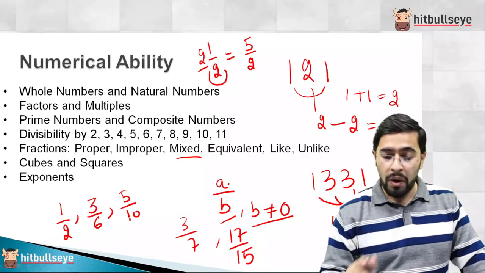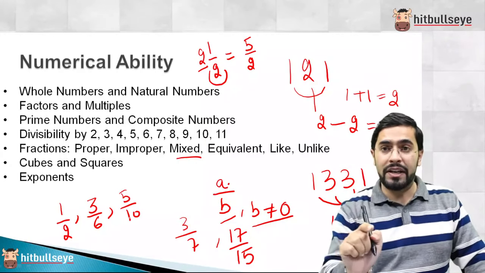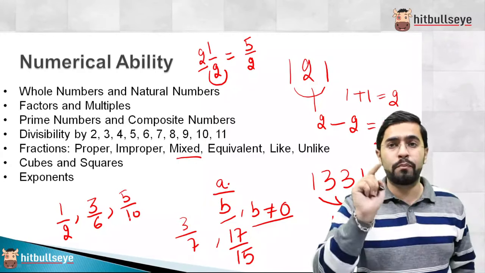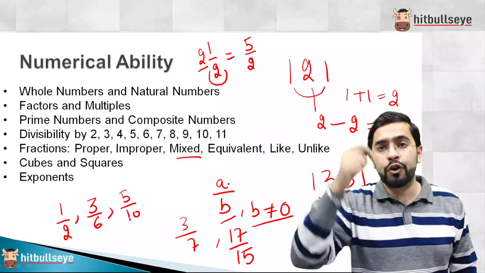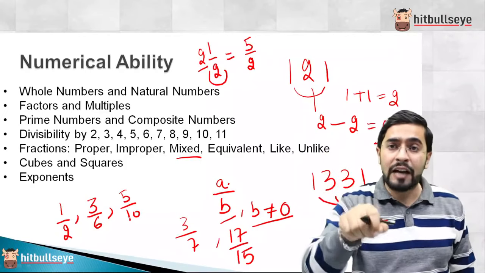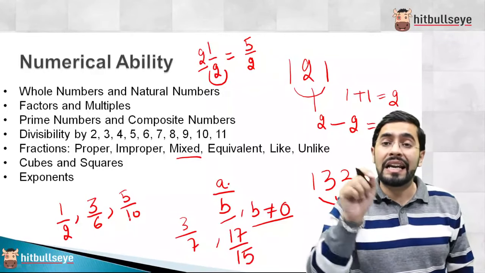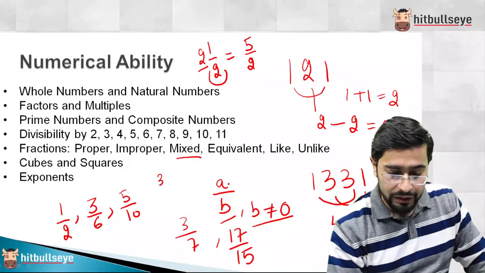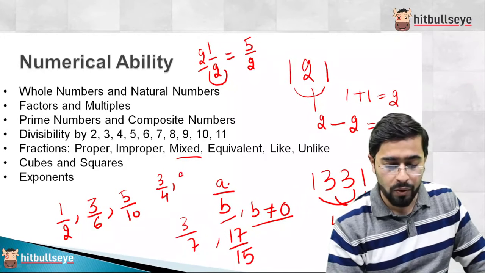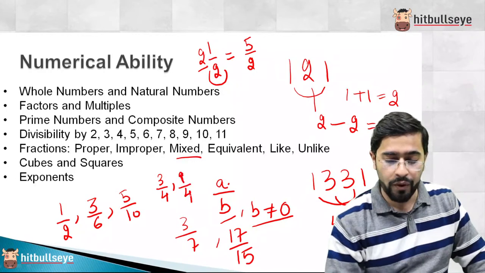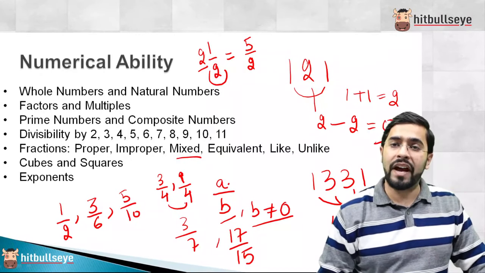Like and unlike fractions. Whenever the denominators of two or more fractions are equal or the same, but the numerators are different, at that point we call them like fractions. For example, 3 by 4 and 1 by 4, both of them are like fractions.